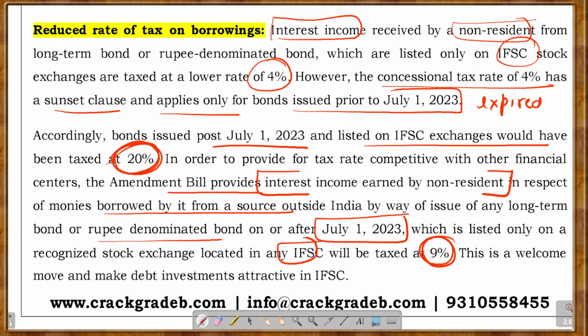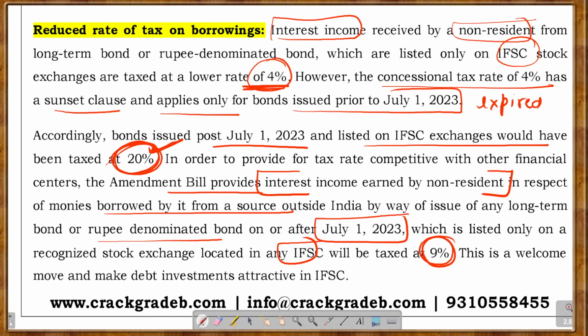So they are saying that this was going to expire. We were earlier taxing interest income at 4%, but from July 1st, 2023, if the government had not brought this provision, it would have been taxed at 20%. Any interest income that was earned by a non-resident.